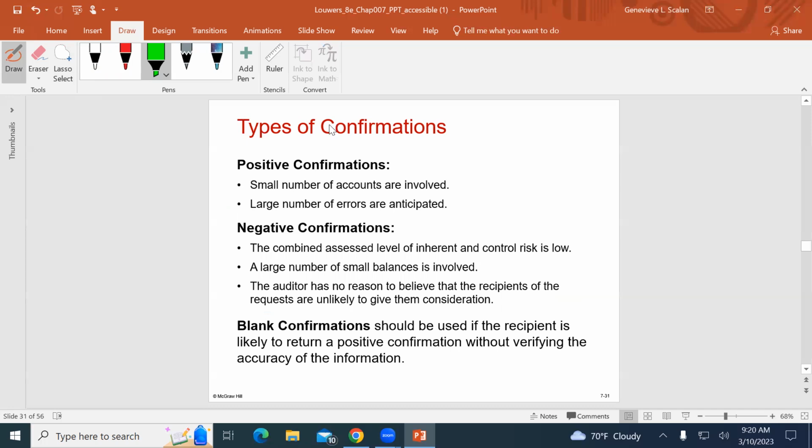When you send a confirmation, there are three sorts: positive, negative, and blank. Positive means you're emailing, texting, writing a letter on paper, or faxing, somehow contacting a customer of your client, and you're saying, my client says you owe them this much. Is this true?